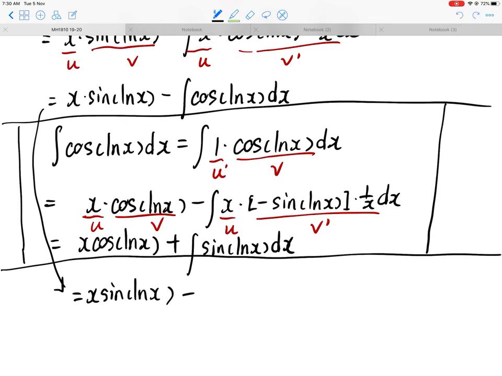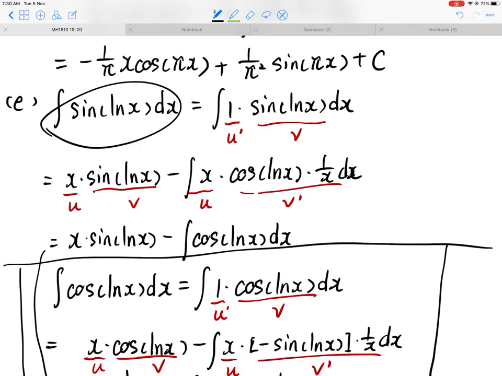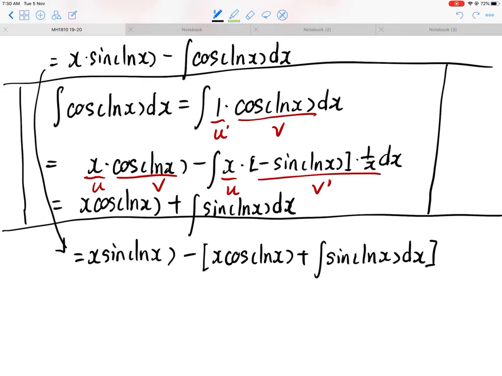So minus, bracket, x cosine ln x plus integration of sine ln x dx. Okay, the left side is, don't forget about the initial, the integration of sine ln x dx.